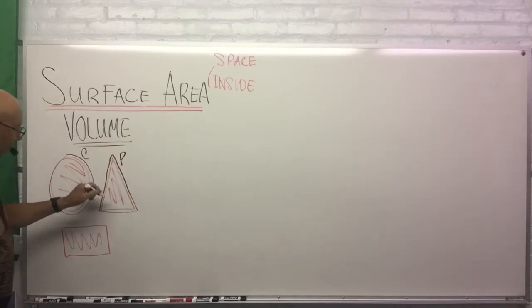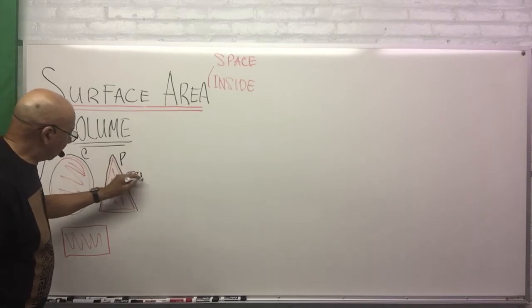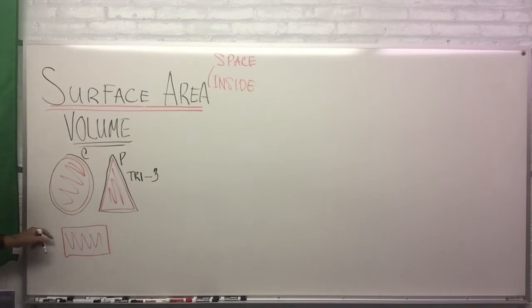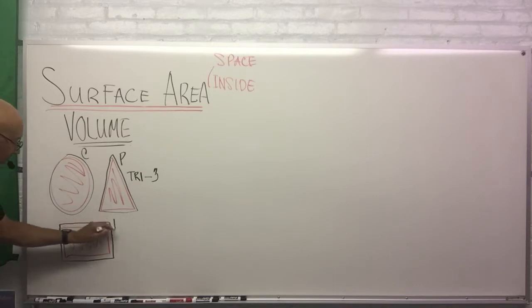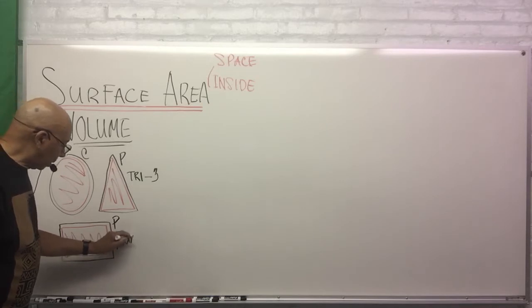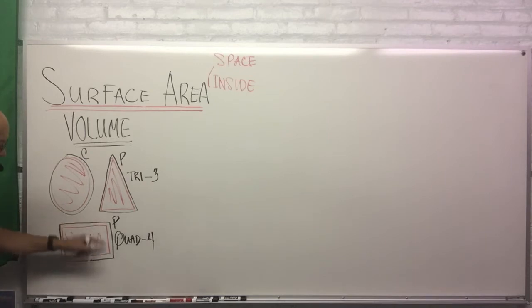This is a quadrilateral. The distance around the quadrilateral is also the perimeter, but quad, Q-U-A-D, means 4.